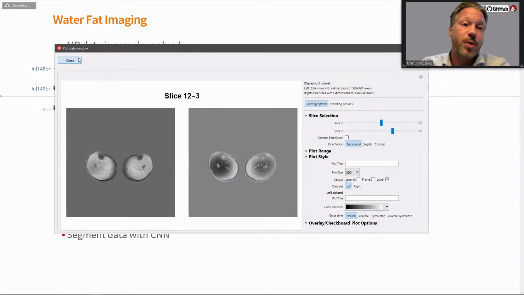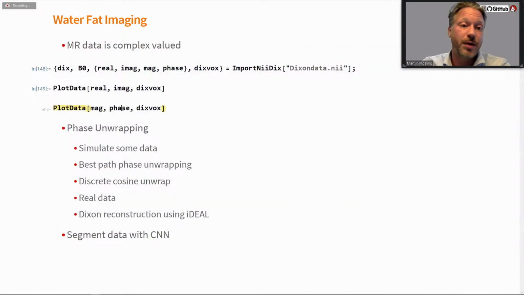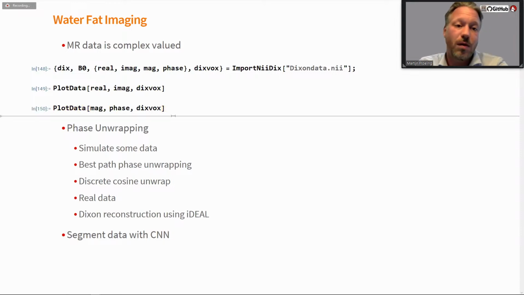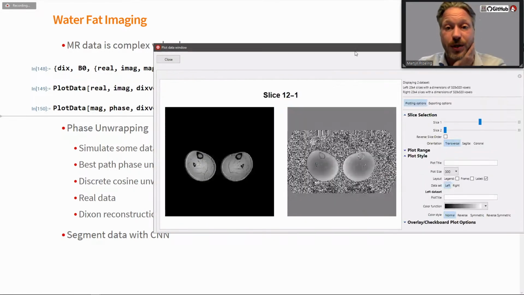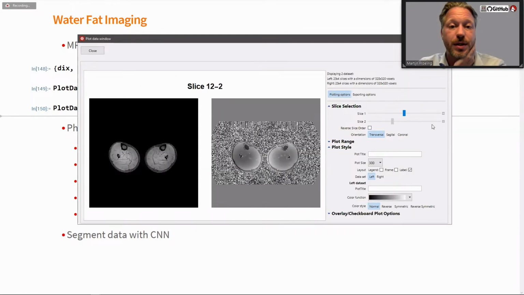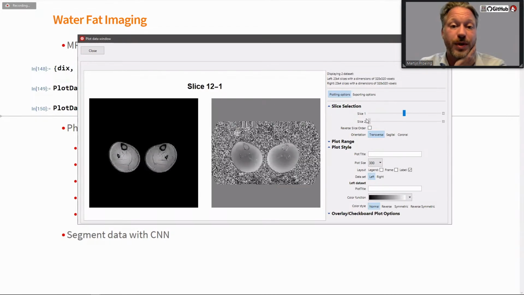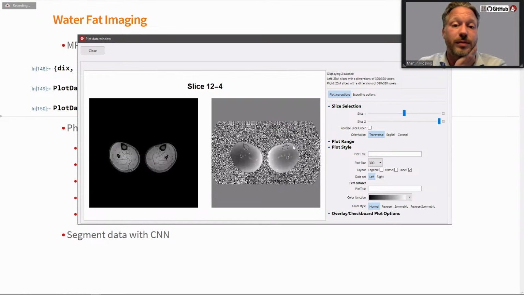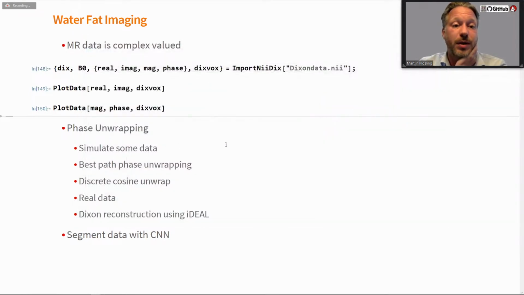And from each complex number, you can also represent it as the magnitude and the phase of the signal. The phase has really interesting properties as well. Here you can see that water and fat have different phase properties, and this phase data has to be analyzed as well.